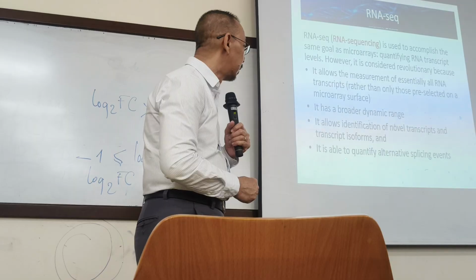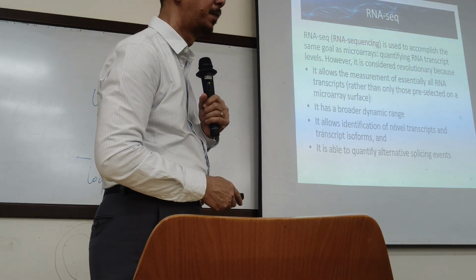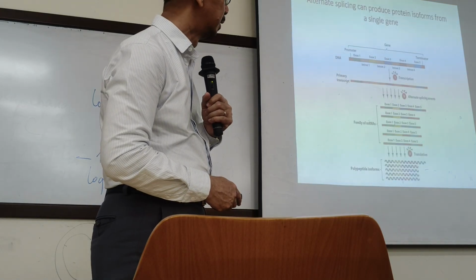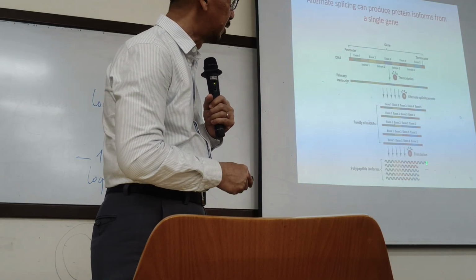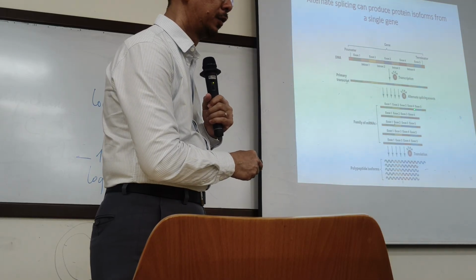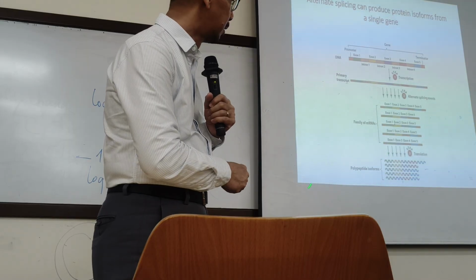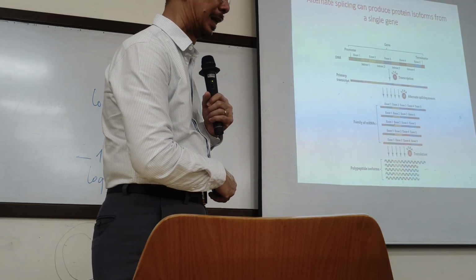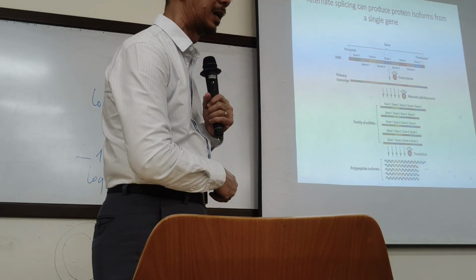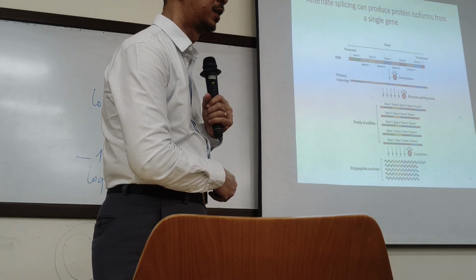It is able to quantify alternative splicing events. So that means splicing generates more of isoform 1 or more of the other isoform. The sequencing can detect the splicing events.